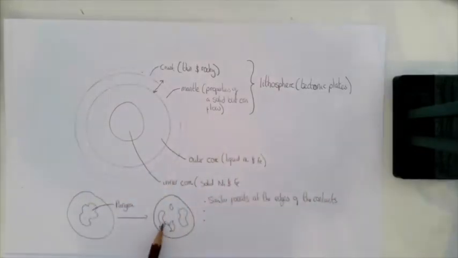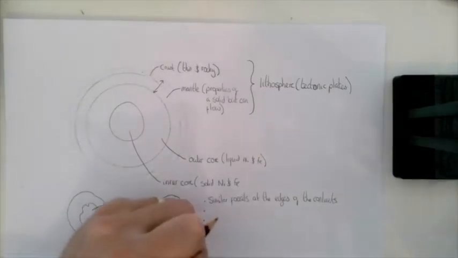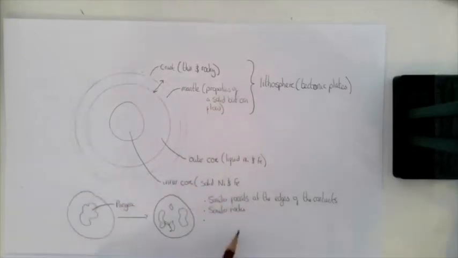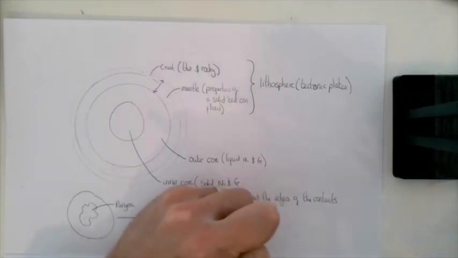So you got similar fossils, similar species of animals on the edges of the continents. You also got similar rocks on the edges of the continents. There could either be the types of rocks, it could be the age of the rocks, or how the layers are put together. So similar rocks at the edges of the continents.